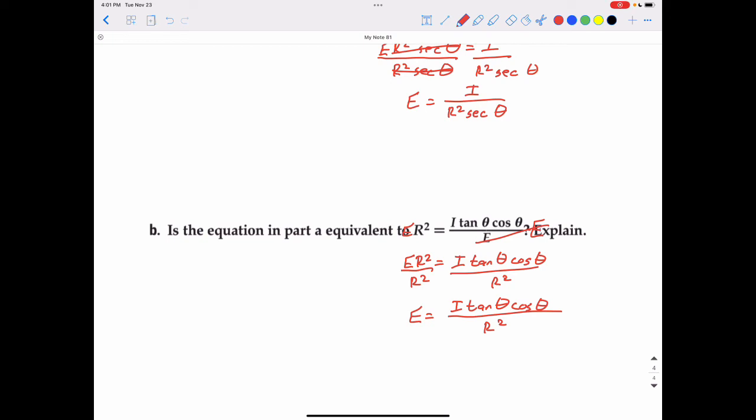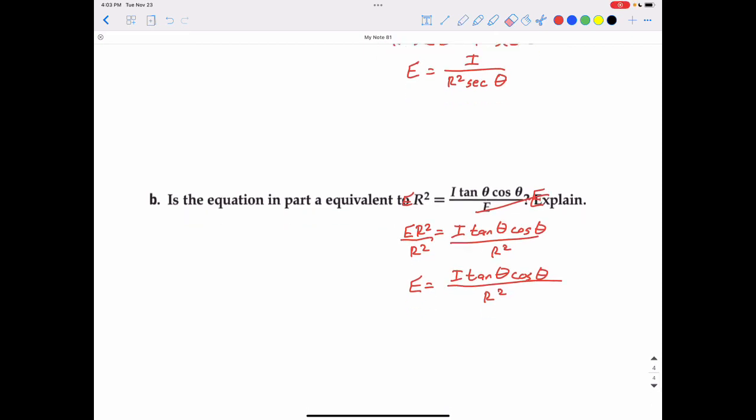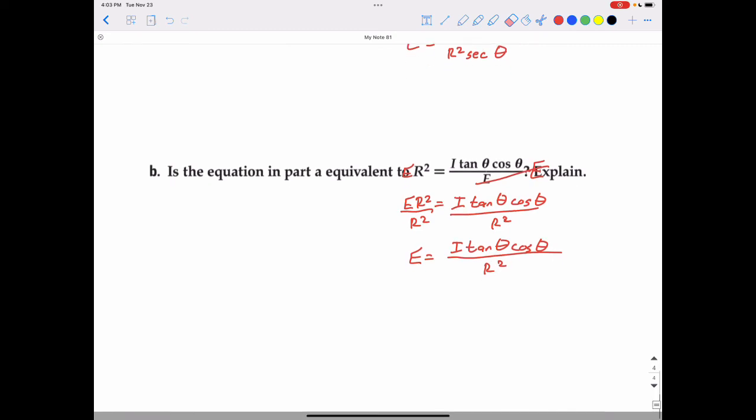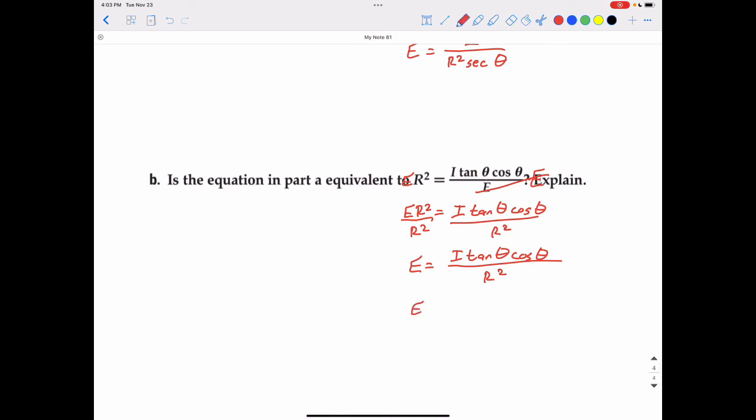But let's look at what we know about tangent theta. So we know tangent theta equals sine over the cosine. That's going to be pretty handy because that will help us cancel out the cosine. So I'm going to replace tangent with sine over cosine. So sine theta over cosine theta times the cosine theta over R squared.